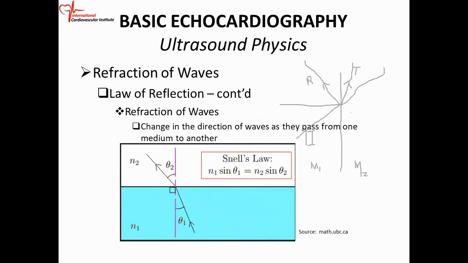So all waves obey these principles. And when you're doing an ultrasound of the heart, the wave that you use is going to obey these principles. So if something is off, you'll get what we call artifacts. These artifacts happen because the principles are not being obeyed, so you get strange images.